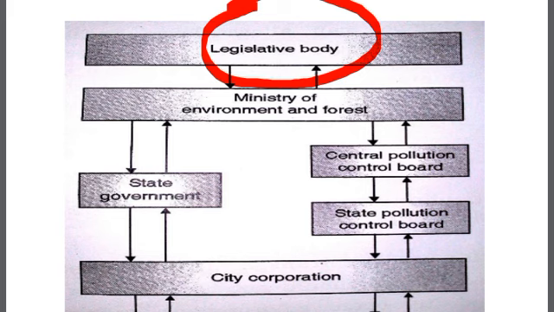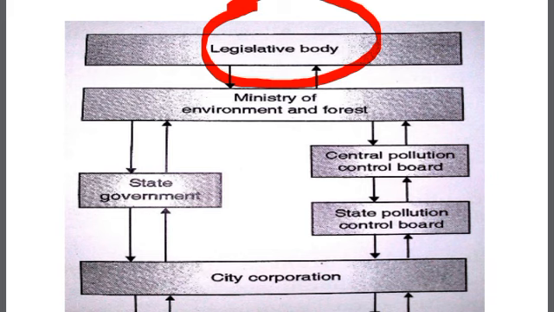The function of the legislative body is that it creates legislation, policies to manage municipal solid waste. After the legislative body, Ministry of Environment and Forest oversees the implementation of the federal legislation regarding the waste. This is the function of Ministry of Environment and Forest.